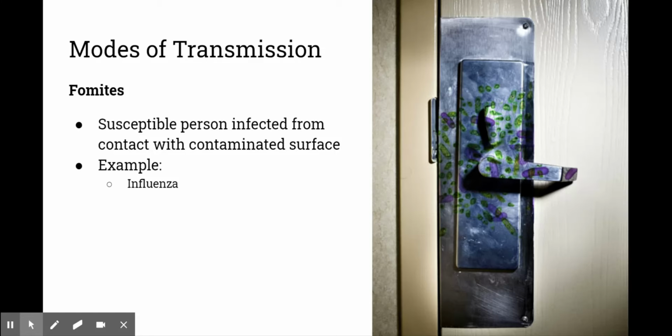And that process occurs not because the infected person directly transmits it to the susceptible person, it's transmitted via the door handle. In that case, the door handle becomes a fomite. Fomites can be anything that allows the transfer of pathogens between infected people and susceptible people.